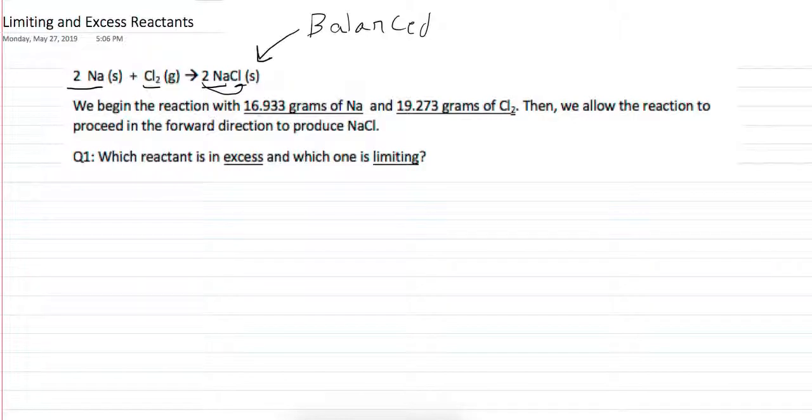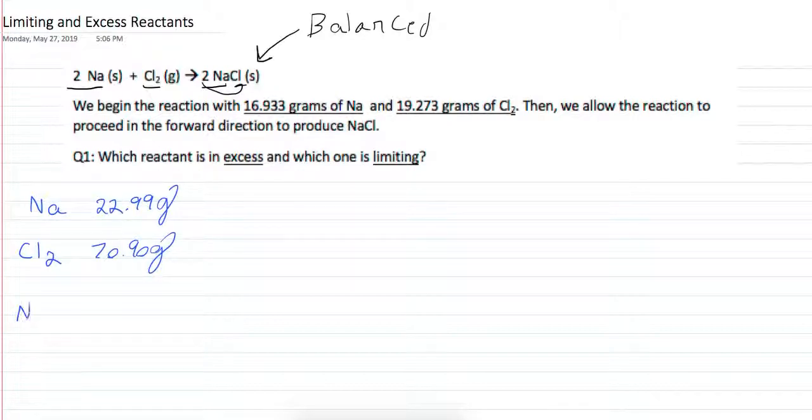And I strongly recommend writing these down and circling them or boxing them or doing them in a different color. For Na, the molar mass per mole is going to be 22.99 grams. For Cl2, that's going to be 2 times the mass of Cl, and that comes out to be about 70.90 grams.